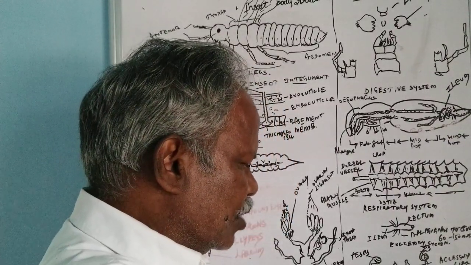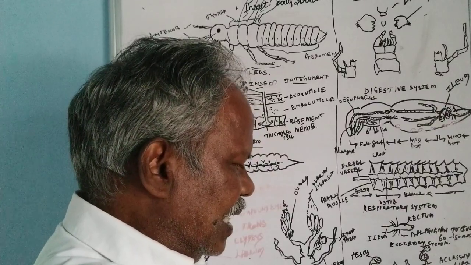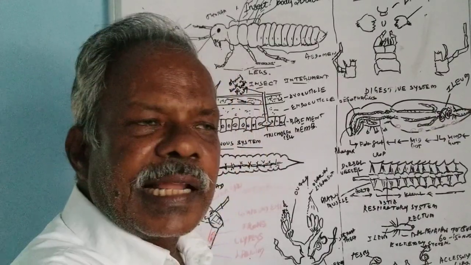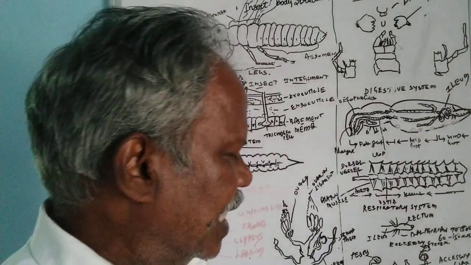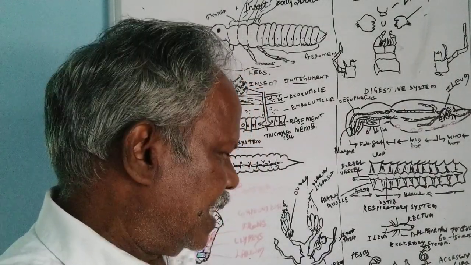The muscular structure which is ending in the ejaculatory duct is called the aedeagus, which is similar to the penis in advanced vertebrates.